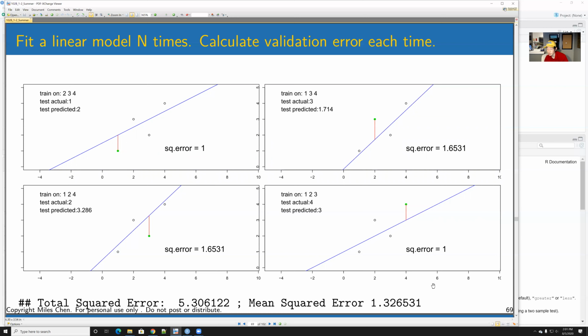Question: in linear models, is cross-validation only used for model selection, but not model training? Yes, cross-validation is purely a model selection tool. You are using it to evaluate one possible model versus another.